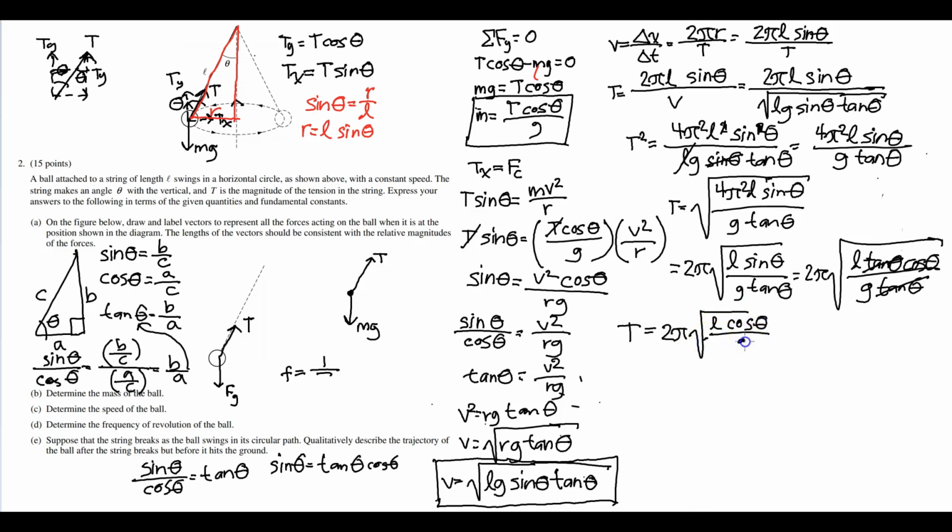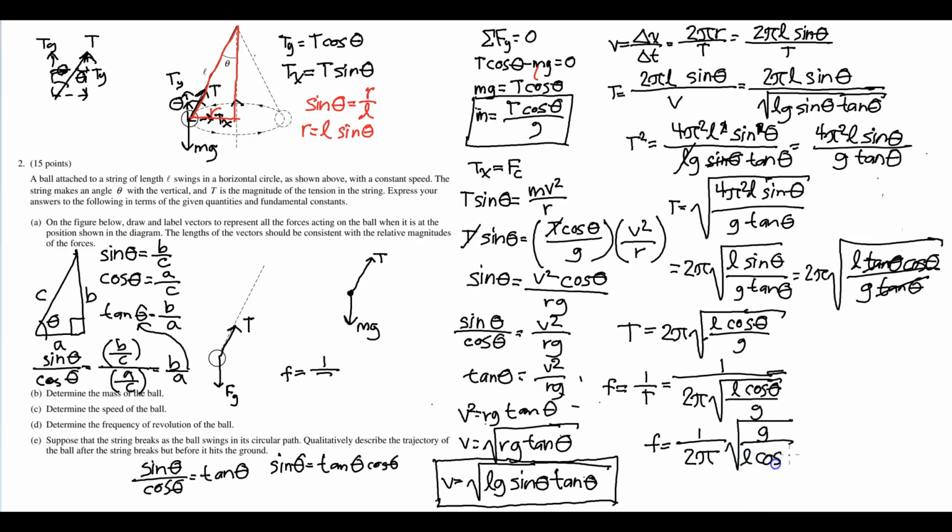But we need to find the frequency of revolution of the ball. So the way we can do that is we could just take the reciprocal. F equals 1 over T equals 1 over 2 pi square root of L cosine theta over G. Okay, so that equals 1 over 2 pi times the square root of G over L cosine theta.